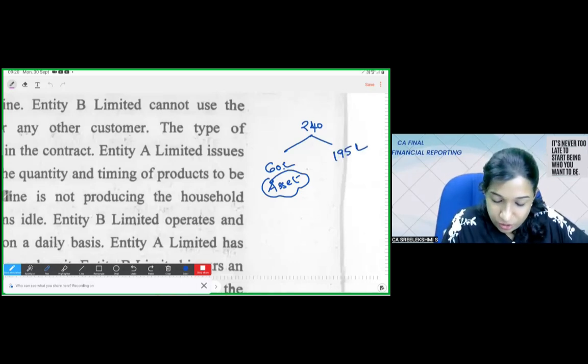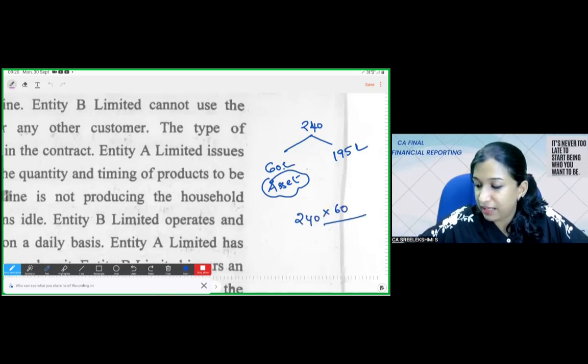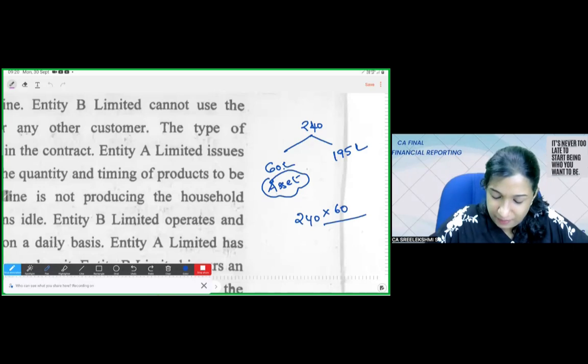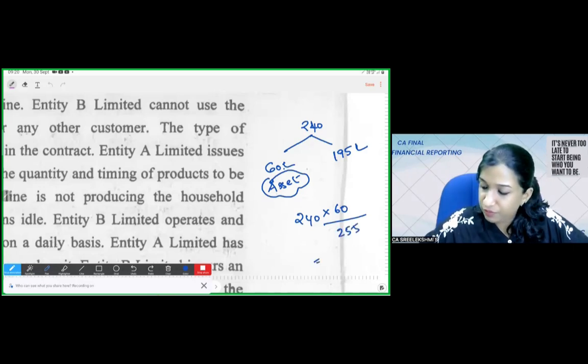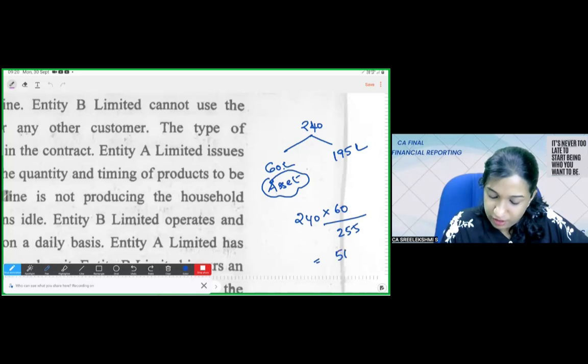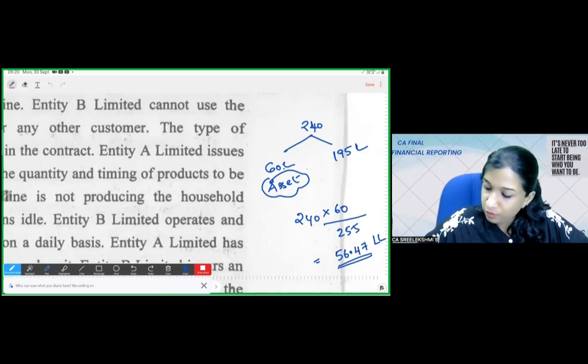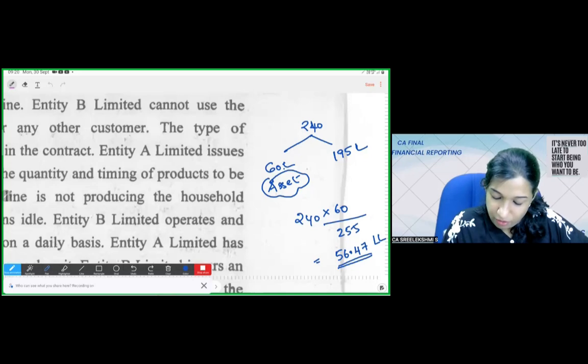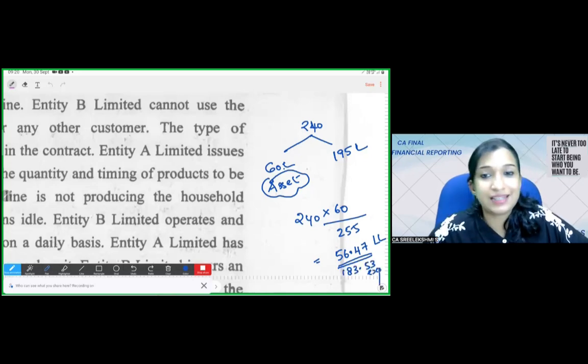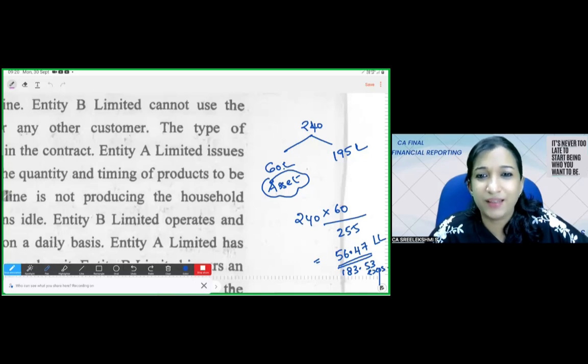So we allocate 240 into 60 by (60 plus 195) 255. So 240 divided by 255 into 60, that is 56.47 towards lease liability, and 240 minus 56.47, that is 183.53, is towards the expense to manufacture, the other expenses.